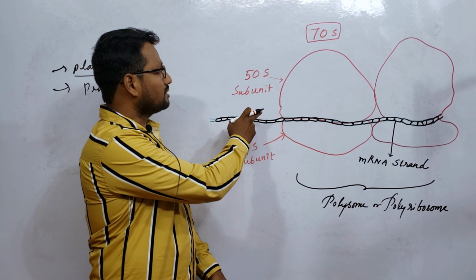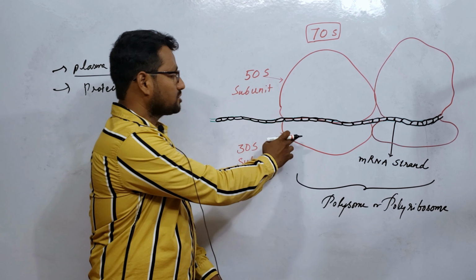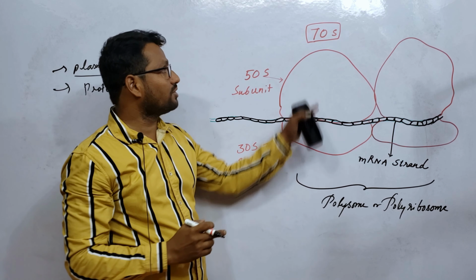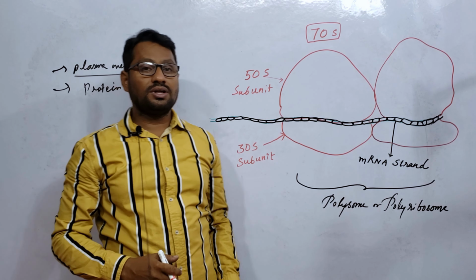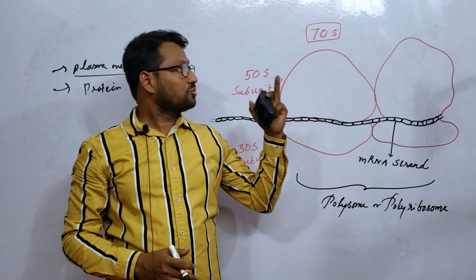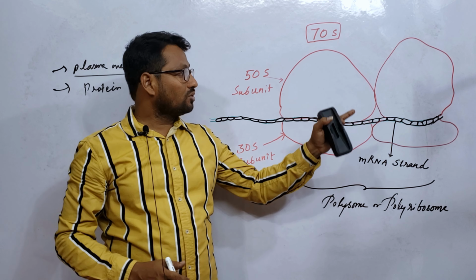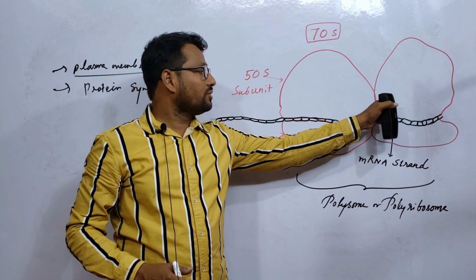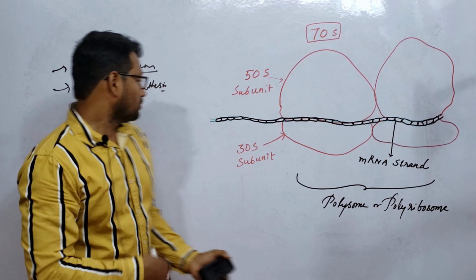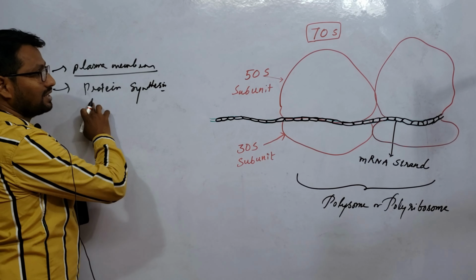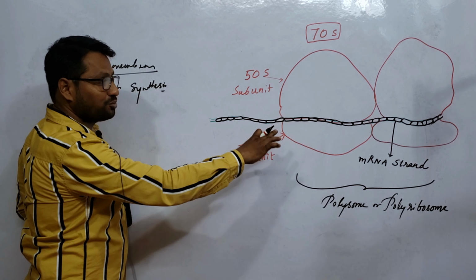The larger subunit is called 50S, and the smaller one is the 30S subunit. Together they form the 70S prokaryotic ribosome, whereas in the eukaryotic cell the ribosome is 80S. There, the larger subunit is called the 60S subunit and the smaller subunit is 40S. So, what we discussed here is that ribosomes are a site for protein synthesis.